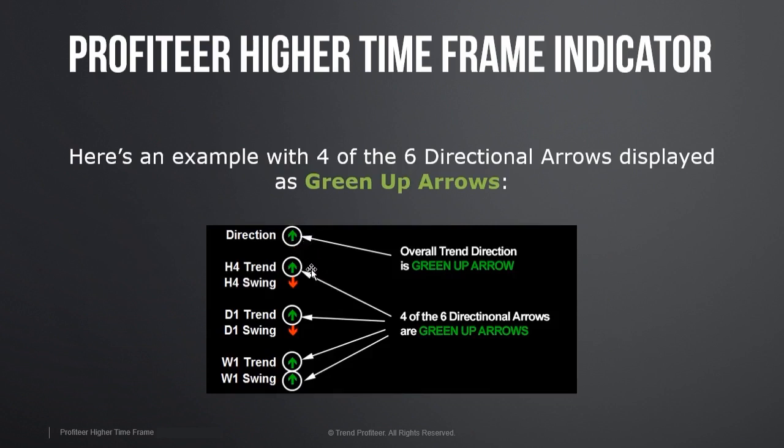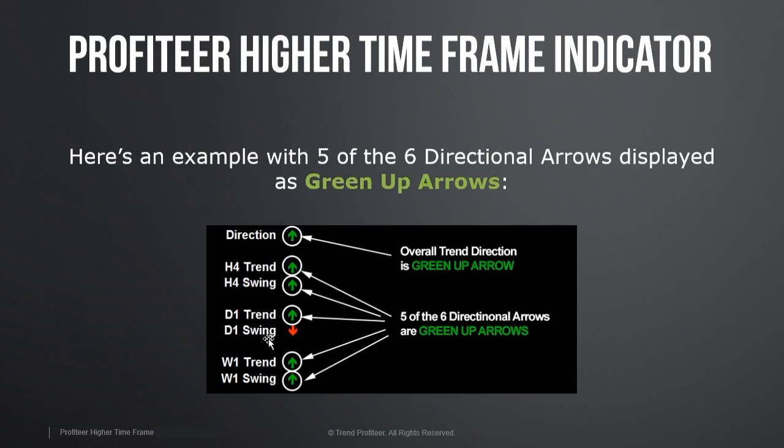It's a green up arrow, and that's because we have, in this case, 1, 2, 3, 4 of these 6 HTFs pointing up. Okay, and likewise, 5 or 6 directional arrows displaying as green up arrows make this overall trend direction arrow up.